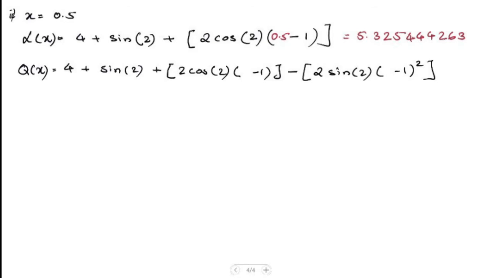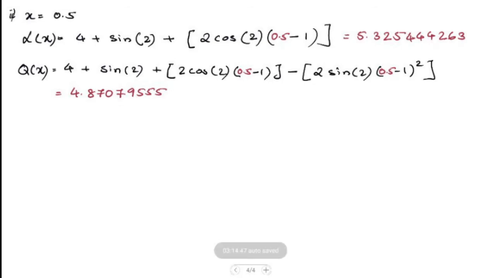We'll be replacing that with 0.5 here, 0.5 here, and that will give us the value as 4.87079555. Remember to keep your calculator in gradians during these calculations.